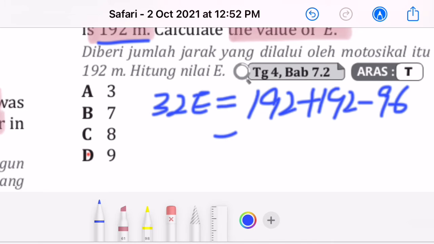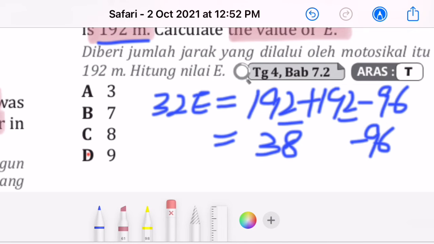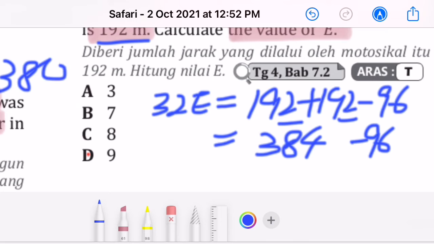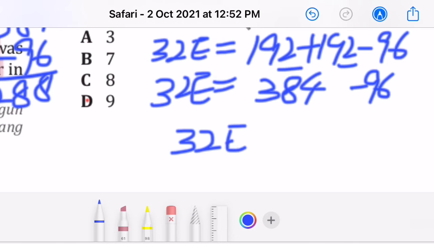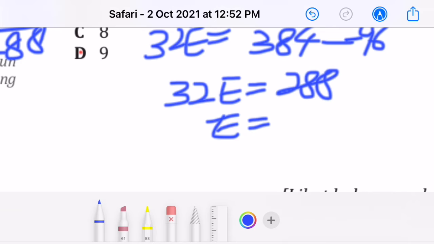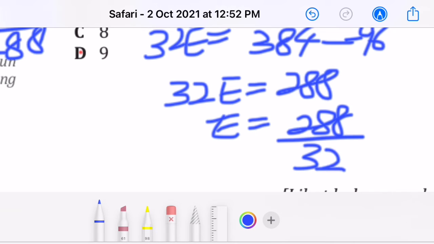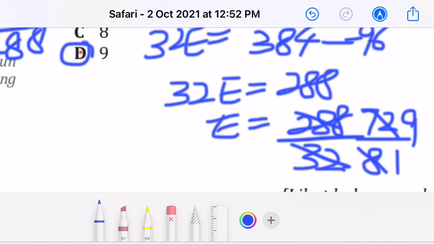Here 192 plus 192 is 384, minus 96, which gives 288. Alright, so we got 32E equal to 288. So E is 288 divided by 32. The answer is 9.